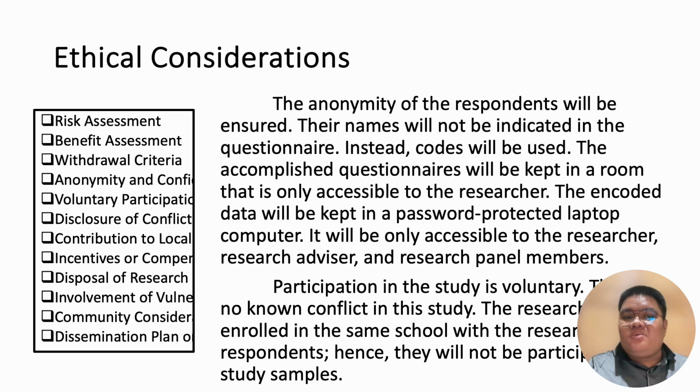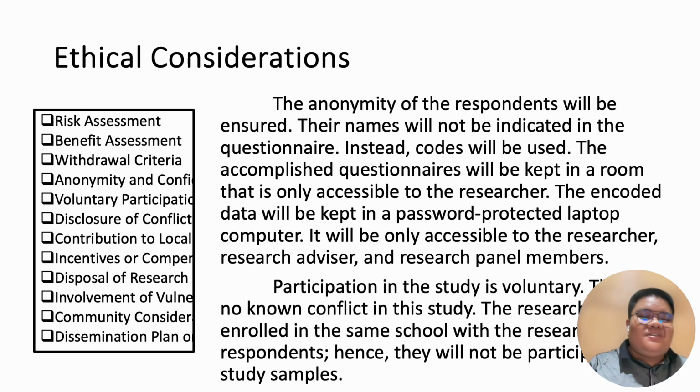So instead, codes will be used. The accomplished questionnaire will also be kept in a room that is only accessible to the researcher. The encoded data will be in a password-protected computer and accessible only to a limited number of people. This means that we are valuing the confidentiality of our patients, okay, or our respondents for this matter.